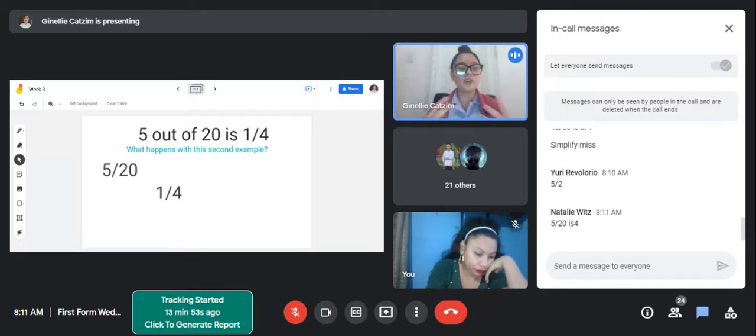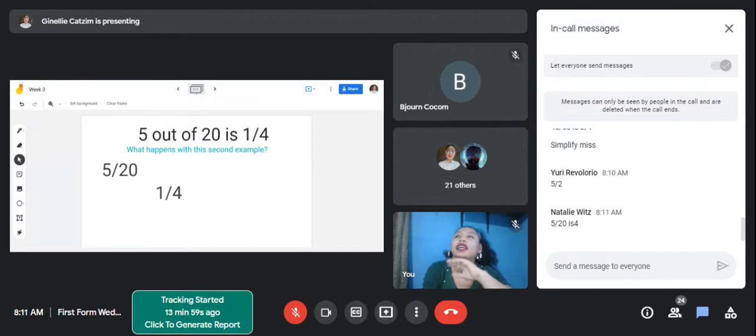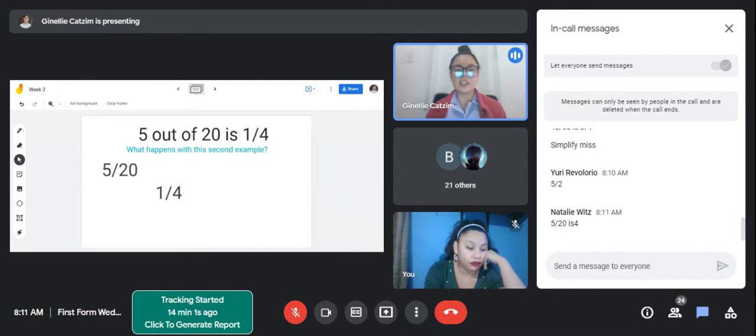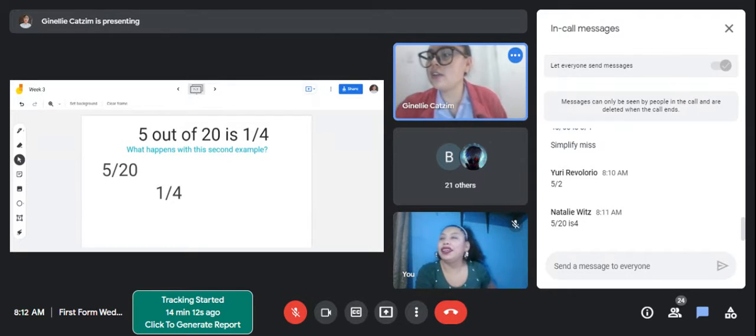This concept is correct. Could you repeat, Bjorn? Simplify. Yes, we have to simplify the 5 over the 20. That's a good observation. But how come we get that 5 over 20 as a fraction?